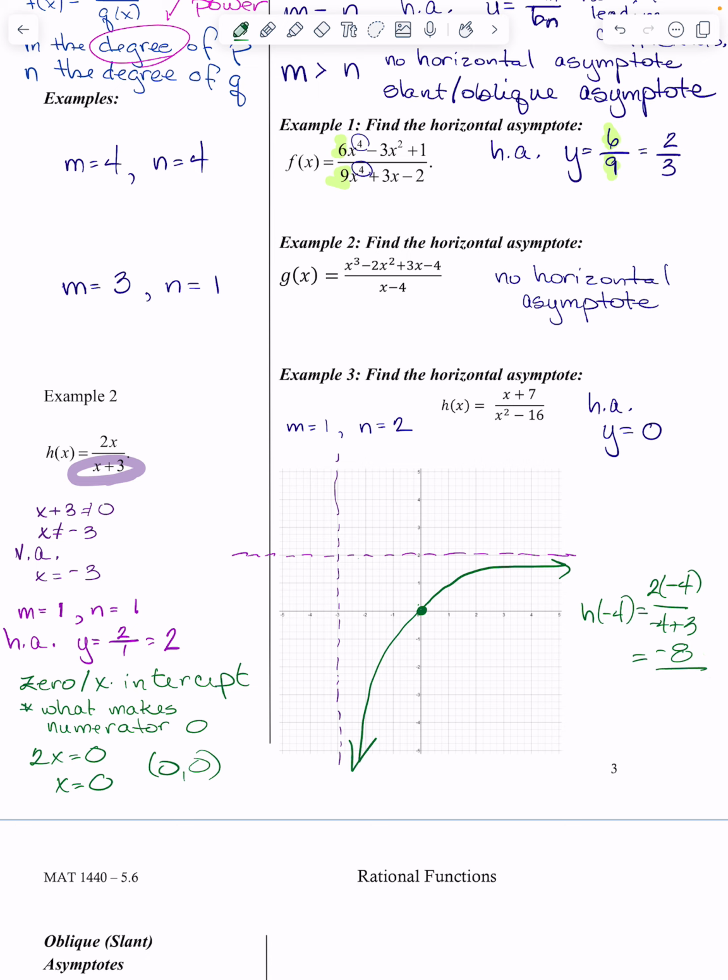Negative 8 over negative 1, which gives me 8. So I got the point negative 4, positive 8, way up here. And I know that it's going to come down and approach this asymptote out here somewhere.